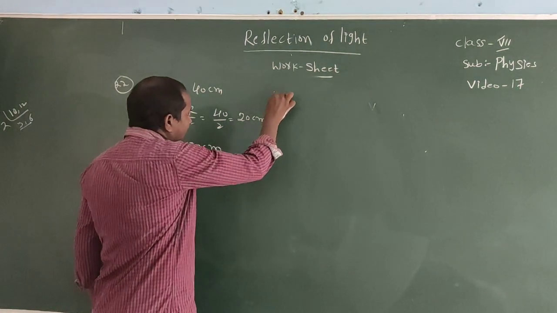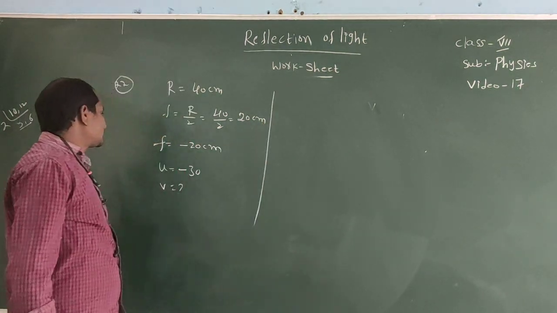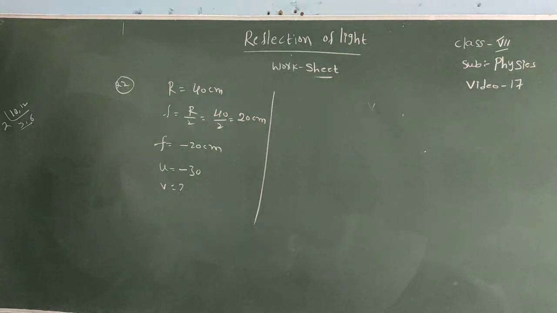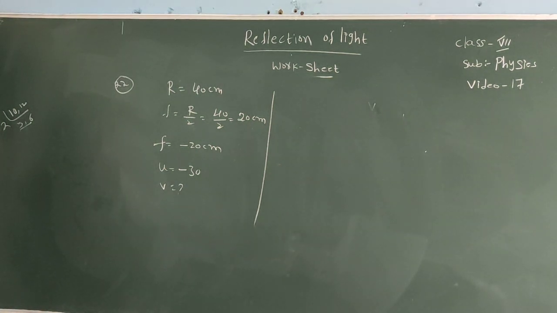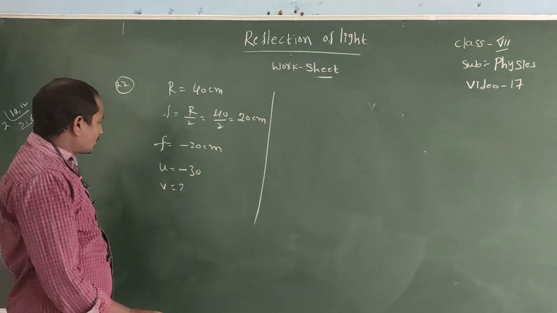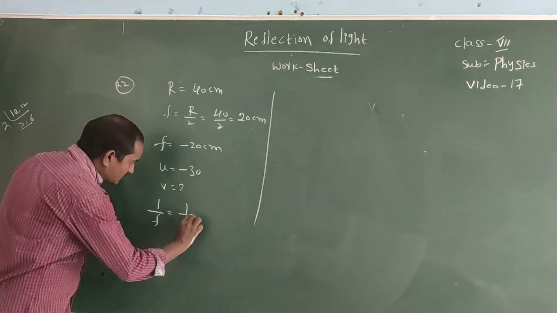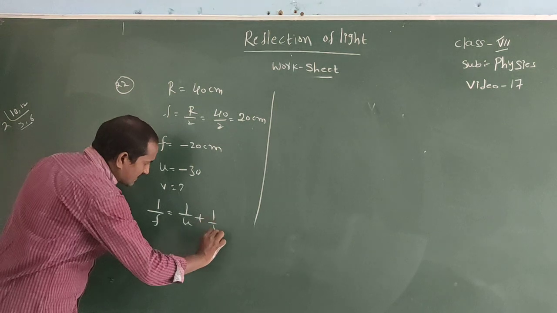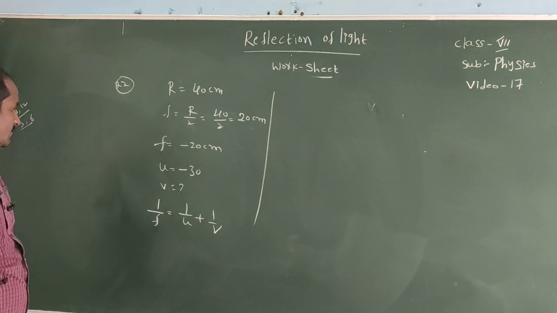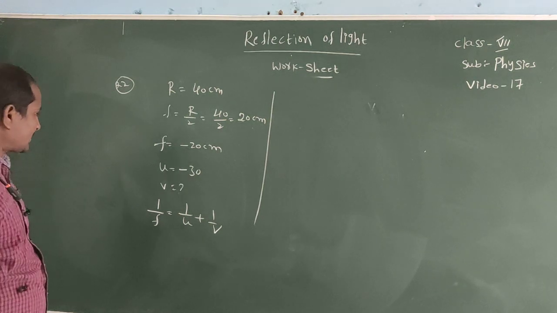What is the relation between f means focal length, u object distance, and v image distance? That is equal to 1 by f equal to 1 by u plus 1 by v.